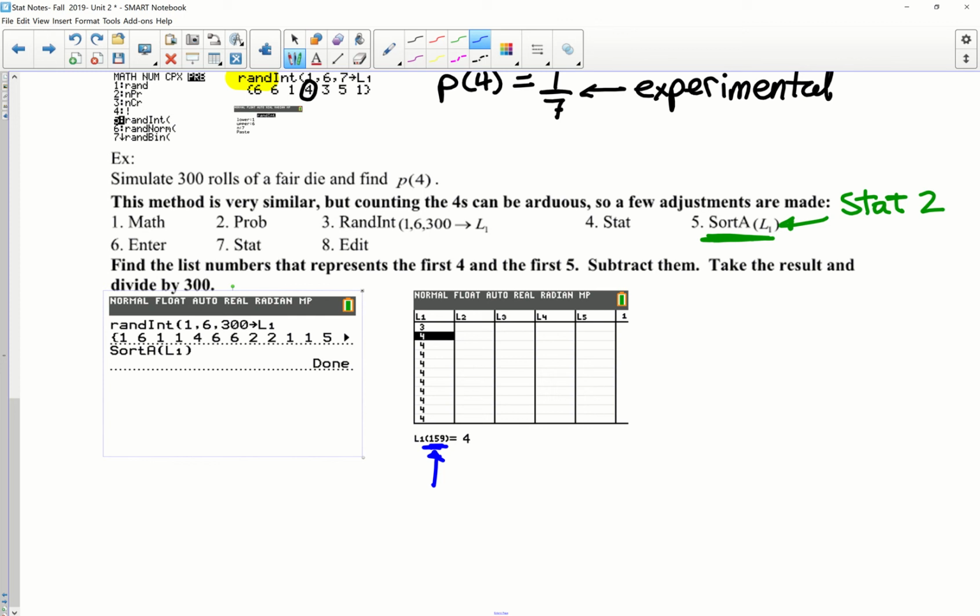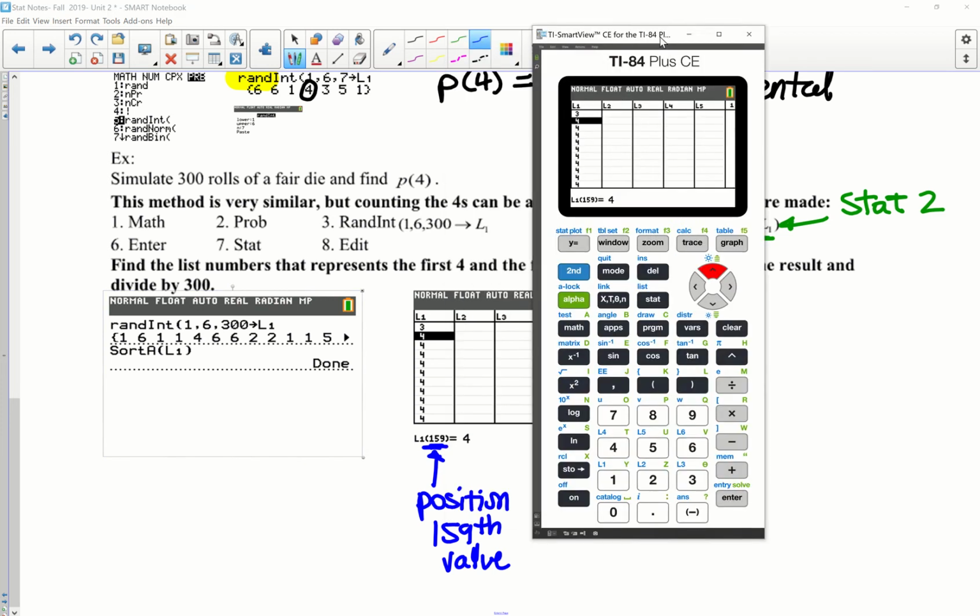So this is the position. So it's the 159th value is the first 4.